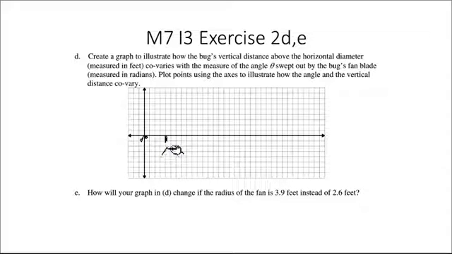That would be our pi over 2 mark. And we know that the distance above the horizontal diameter is going to increase, and it is going to increase from 0 to what?